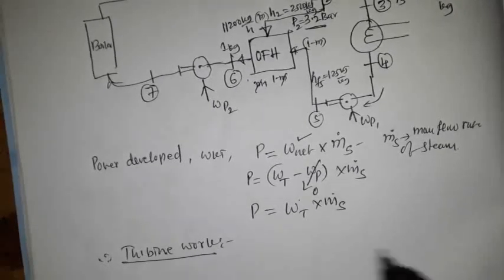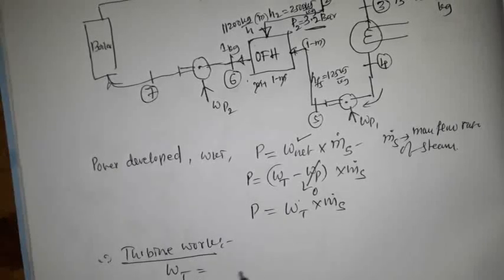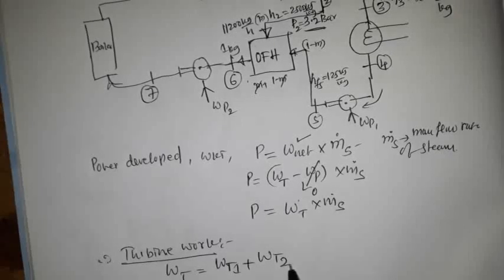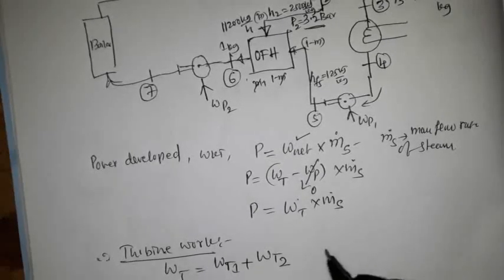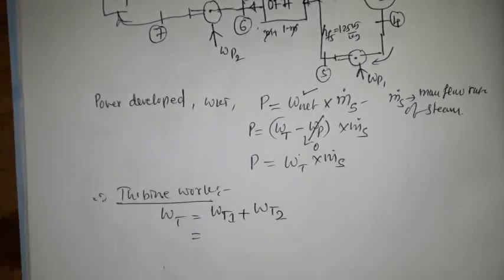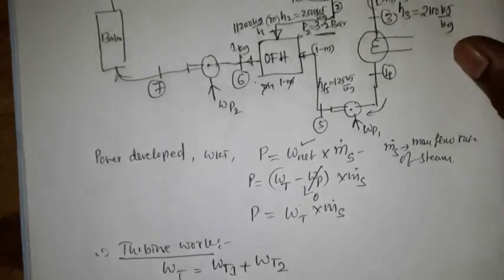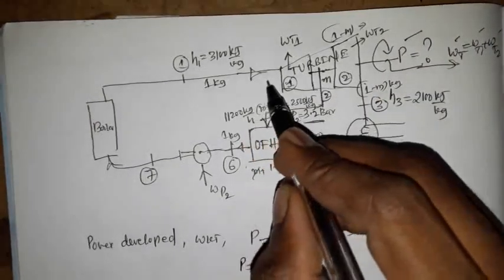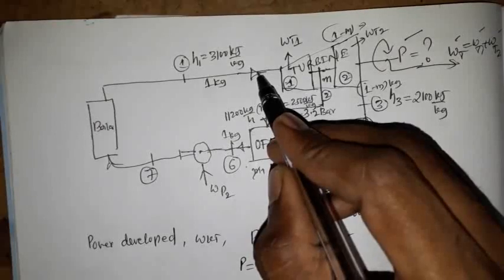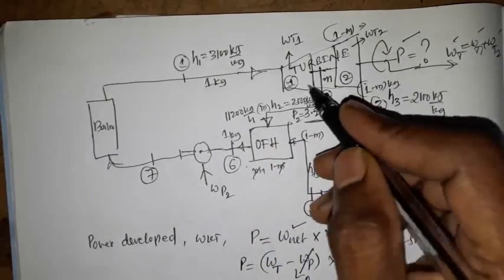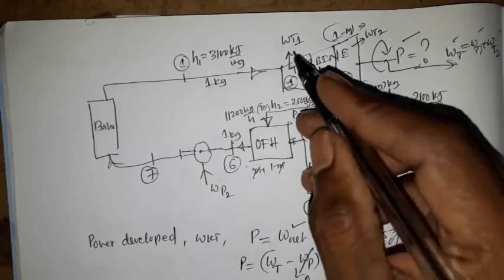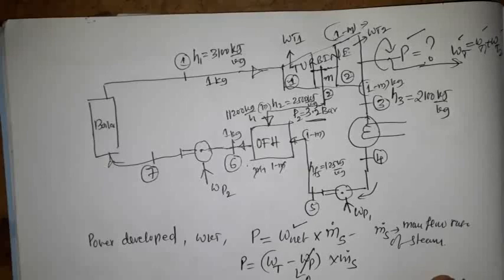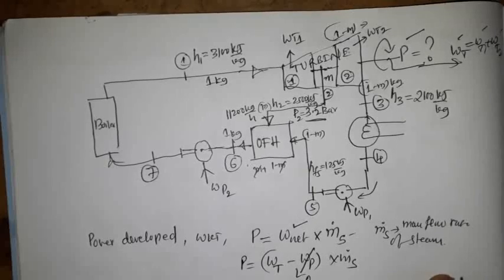So for turbine work, WT is the turbine work developed in stage 1 plus the turbine work developed in stage 2. So here the turbine work developed in stage 1 is nothing but H1, that is inlet enthalpy, minus outlet enthalpy of the stage, multiplied by the mass of steam which is flowing inside stage 1.